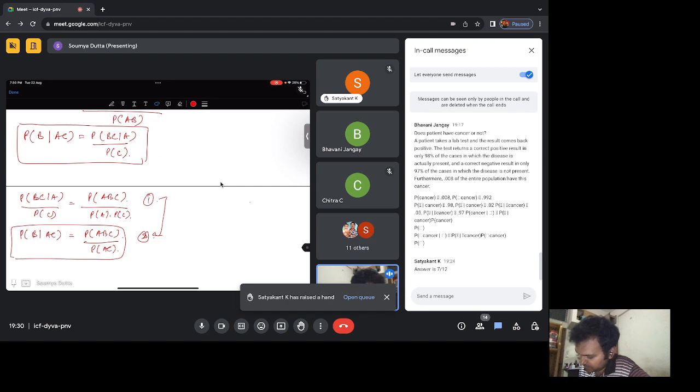So when you equate them, since you have already said these two are equal, P of ABC gets cancelled, and that leaves P of AC equal to P of A into P of C. So in that case, they are assuming that A and C are independent. I think so.